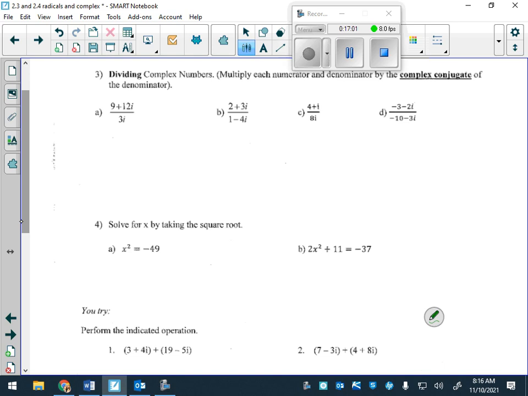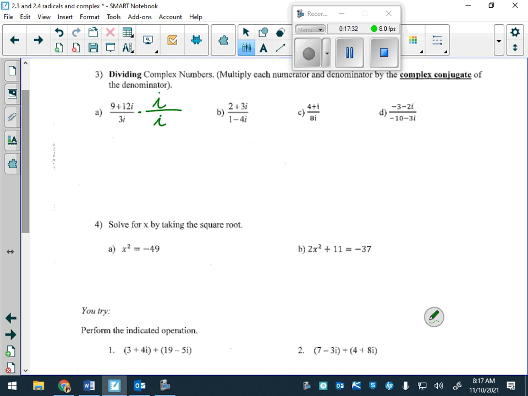That's like saying 3 times the square root of 2, and we have to rationalize by multiplying top and bottom by root 2. But in this case, we're multiplying by the conjugate, which is just i. For this one, when you just have 3i, 4i, 8i, you're just multiplying by i, top and bottom.